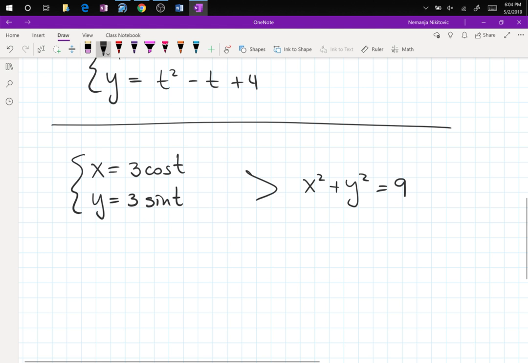So, great. Now, you asked me how and why, right? Well, let's convert this real quick. From the top equation, we're going from x equals 3 cosine t. We will say that cosine t is equal to x over 3.